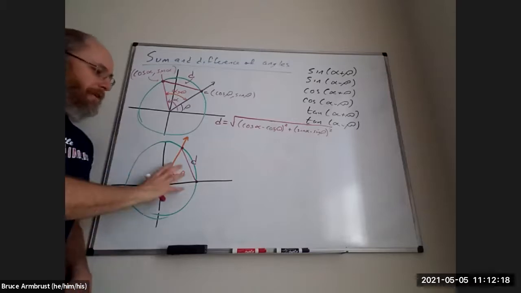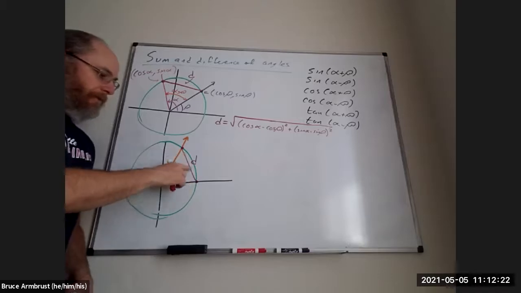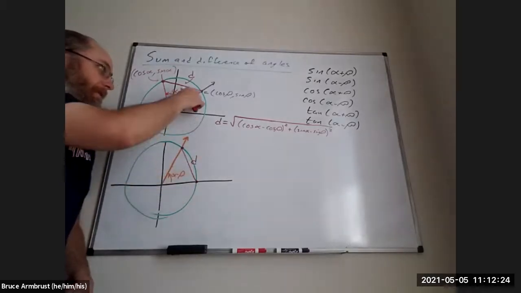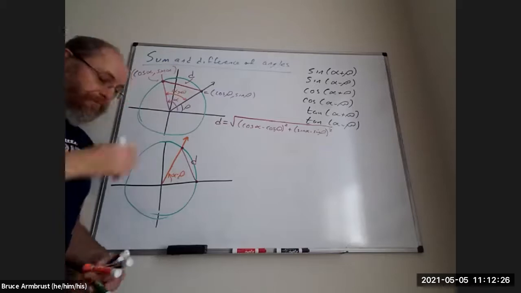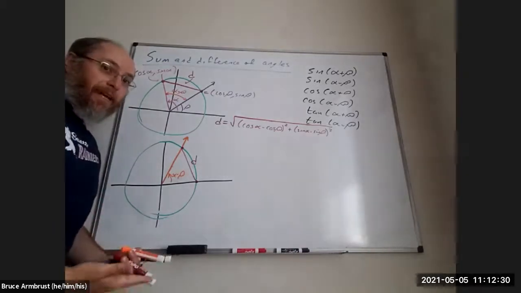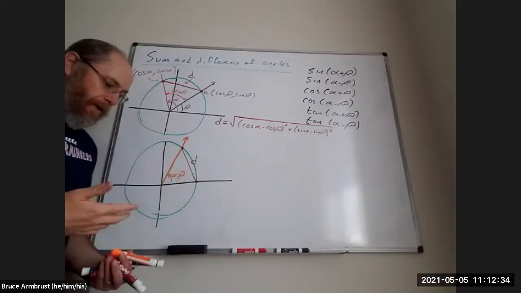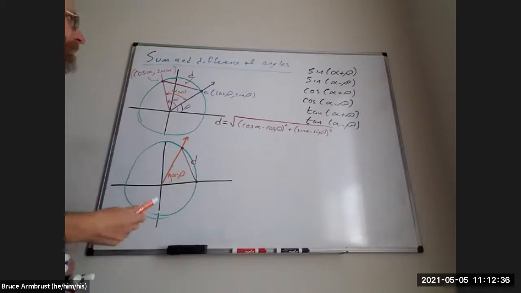All right, so on this picture with alpha minus beta, connecting those 2 points is the same as connecting these 2 points. So I'm actually going to want to do the same thing. I'm going to want to get a distance on this picture, but let's think about what the coordinates of these points are.